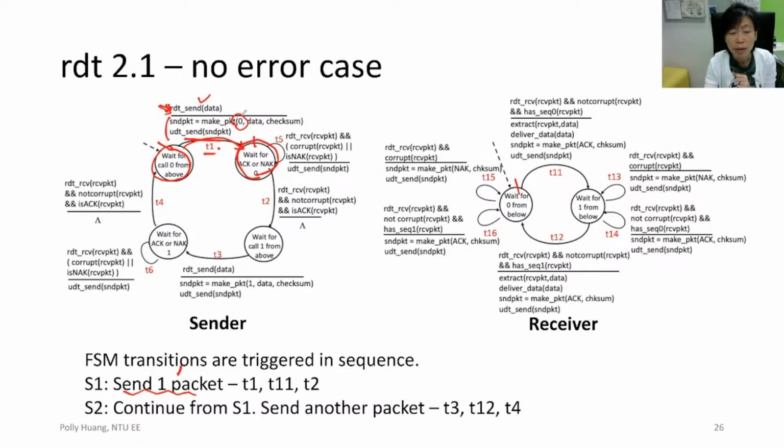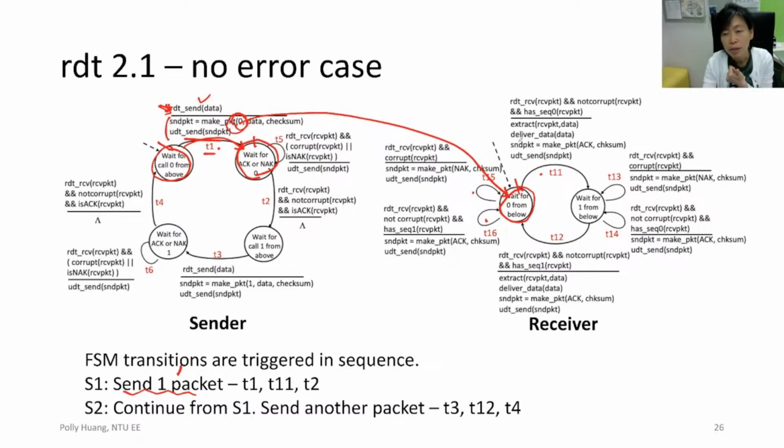So the result of T1 is there's a packet being generated, isn't it? And that's going to arrive at the receiver side. Receiver side, currently here. So this is going to be the starting state of the next transition being triggered. And it's receiving a packet from below. So let's see, what are the possible transitions? 1, 2, 3, because all 3 of them start from the state here.